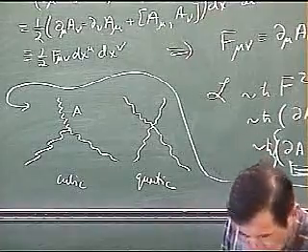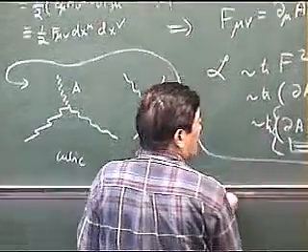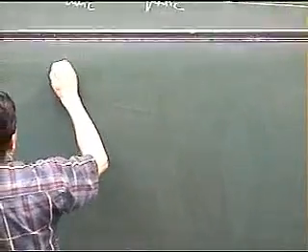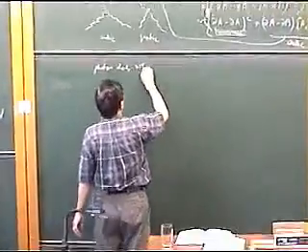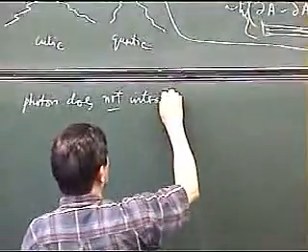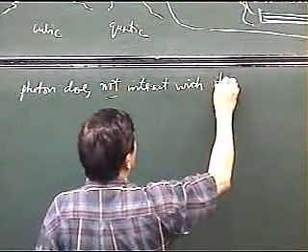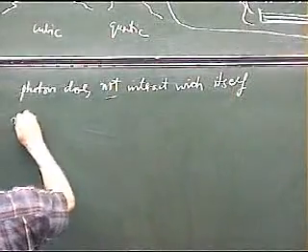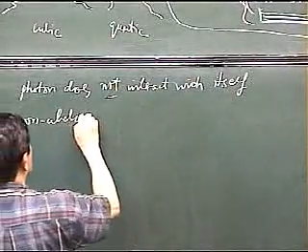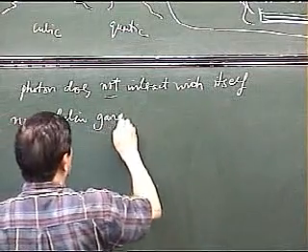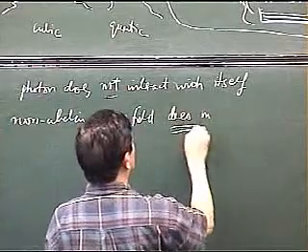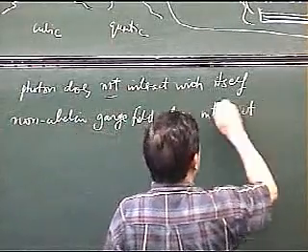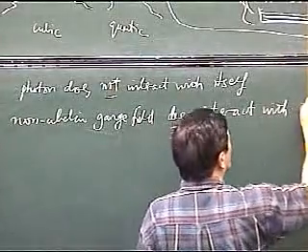Okay. Now, this is quite remarkable because it says that the photon, we know, does not interact with itself. But the non-abelian gauge field does interact with itself.